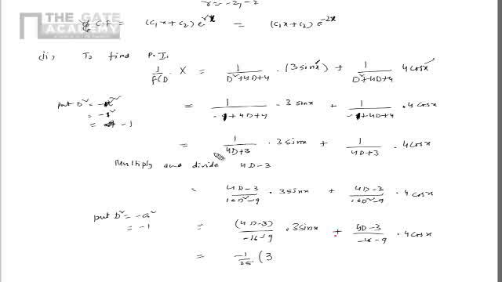Okay, so when I take 4d minus 3 inside, let me take out 3 also common, so minus 3 by 25 you have 4d minus 3 sin x, and you have minus 4 by 25 into 4d minus 3 cos x. Okay, so let's simplify further.